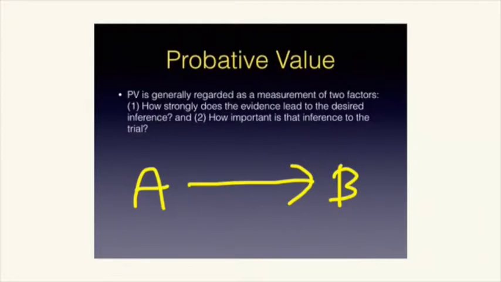And the second part of this calculus concerns how important B is to the trial. There will be in any trial lots of things you need to prove. Some of them are more critical than others. So the more centrally located this proposition is in the trial, the more probative value the evidence has.